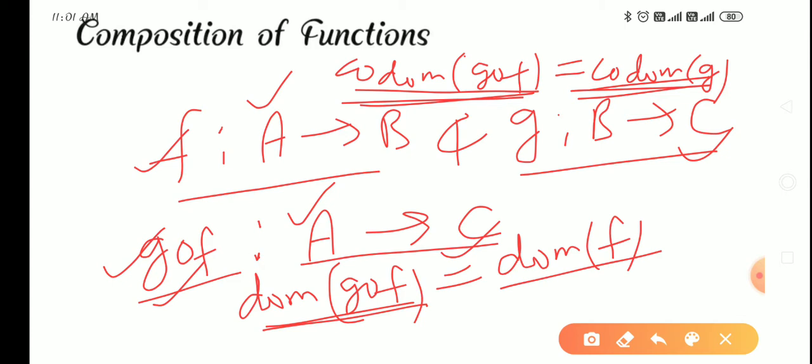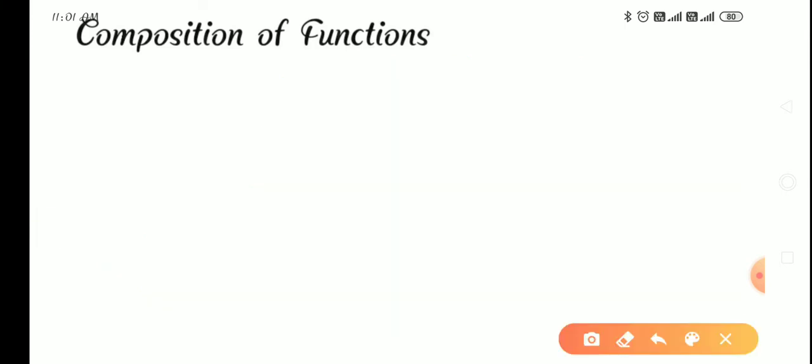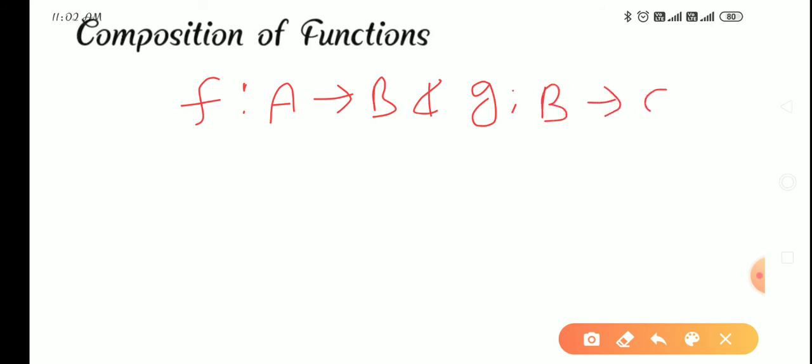One more important thing I am going to tell you. Suppose you are having f such that A to B first function and g such that B to C second function. I told you gof is A to C. I told the domain of gof and codomain of gof, both I told.